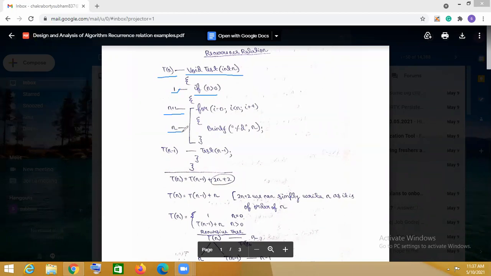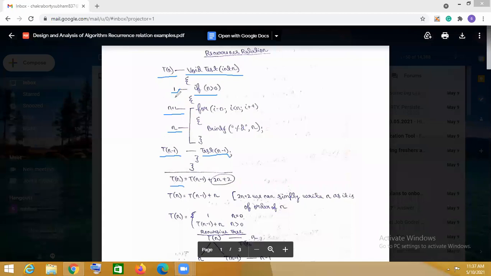And this function is calling itself, test(n minus 1), that means the time is T(n minus 1).